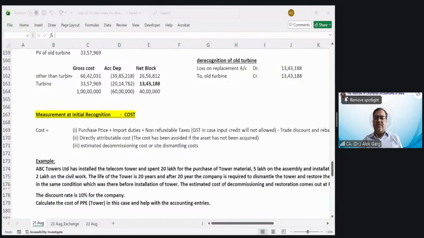Should I capitalize this estimated cost of decommissioning and dismantling for 10 lakh rupees or a value other than 10 lakh rupees? Tell me.